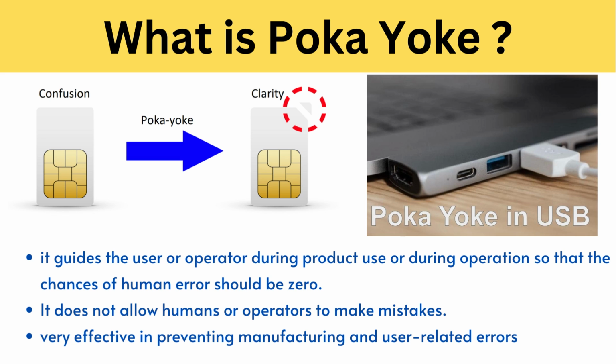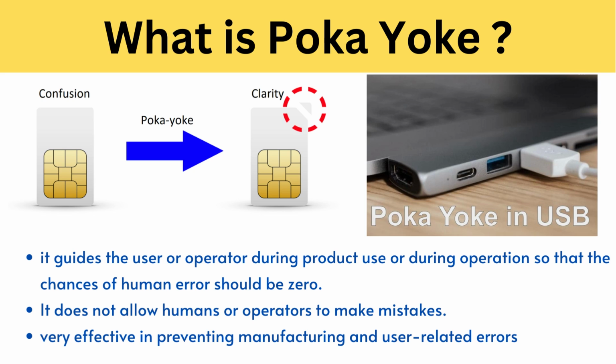It does not allow the human or operator to make a mistake. For example, a USB port is designed in such a way that you can't insert the USB in the wrong direction. So this tool is very effective in preventing manufacturing and user related errors.